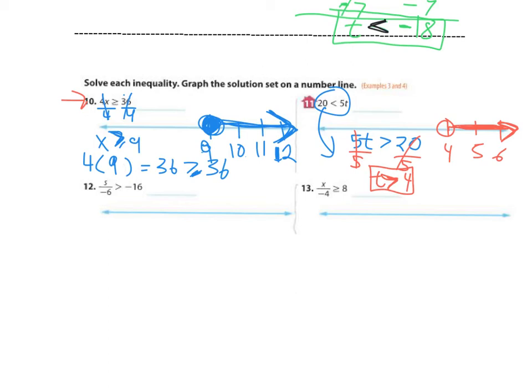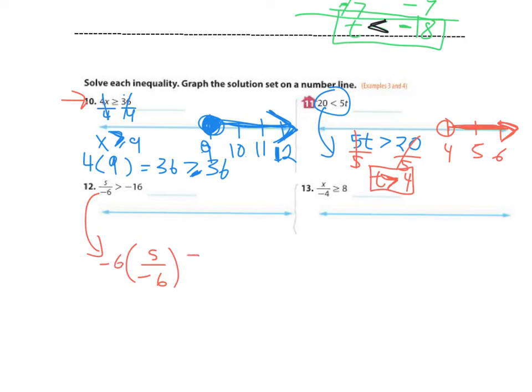Okay, now let's go ahead and take a look at numbers 12 and 13. What this says is we're saying something divided by -6 is greater than -16. And in order to solve, we have to use opposite operations, okay? So the opposite of dividing by -6 is to multiply by -6.